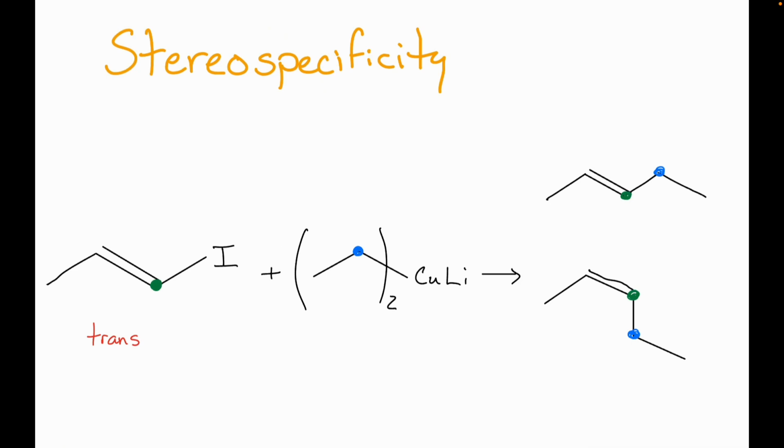But now these are different molecules, right? Because again, cis and trans, they can't interconvert. They're stuck because of the rigidity of that double bond. So I could get a trans product, or my stereochemistry could be flipped and I get the cis product, right? In theory, I could get either of these two.